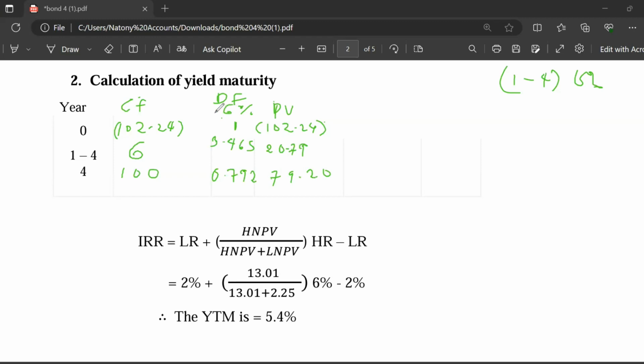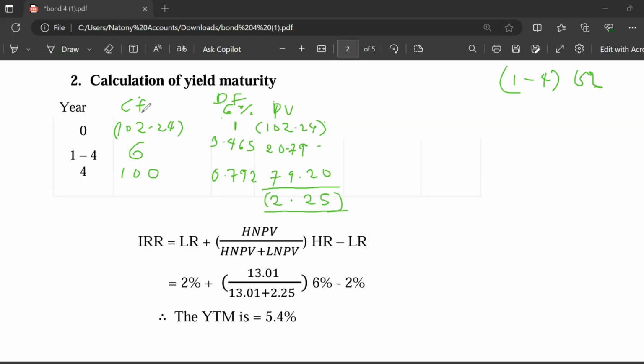If this is added up, cash inflows and cash outflows, 20.79 plus 79.20, minus 102.24, let's see whether it will be positive or negative. This gives a balance of negative 2.25.